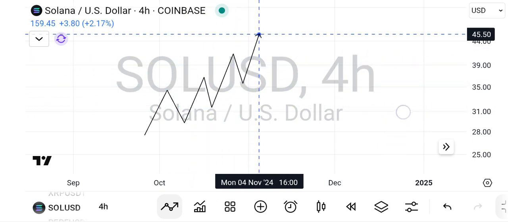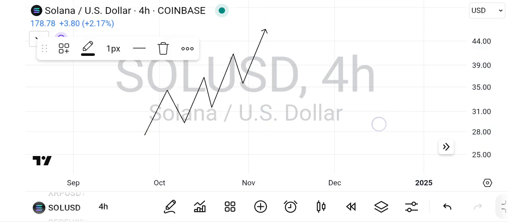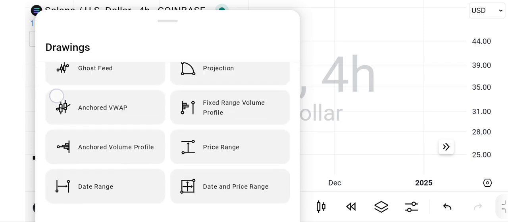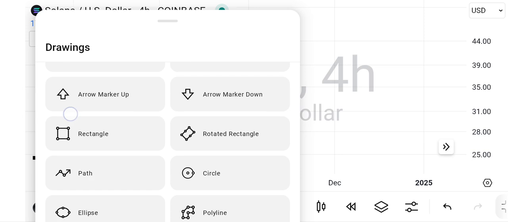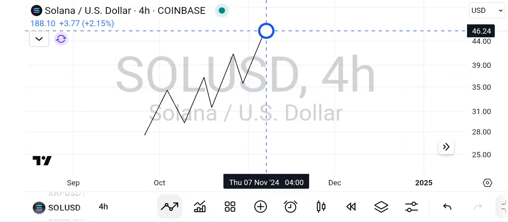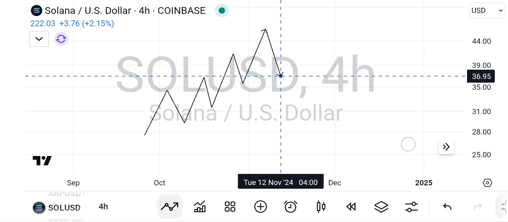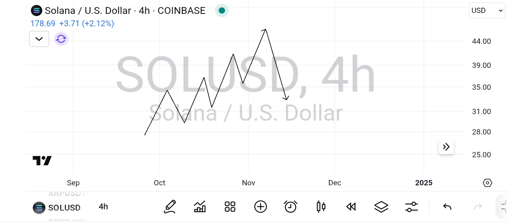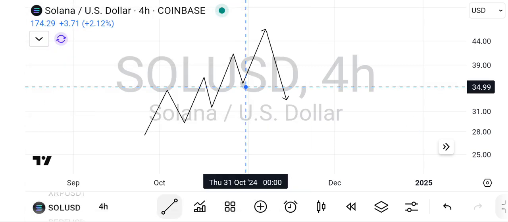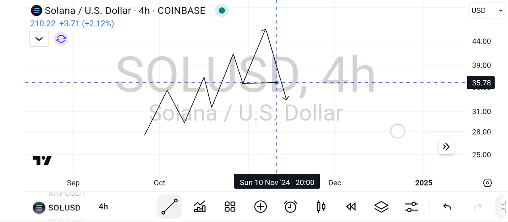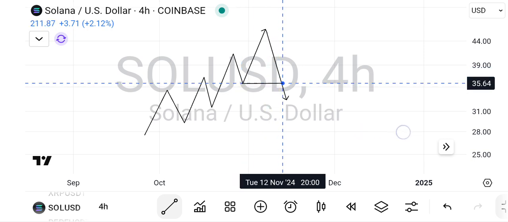Now, what we observe here is, when do we know that the uptrend has come to an end? When the market is retracing, it will break past the last higher low, which is this.